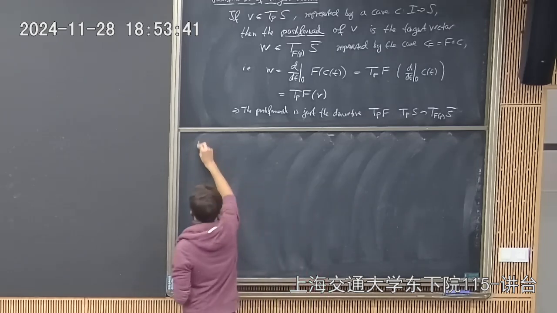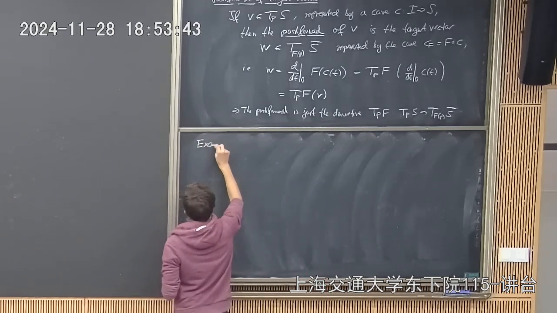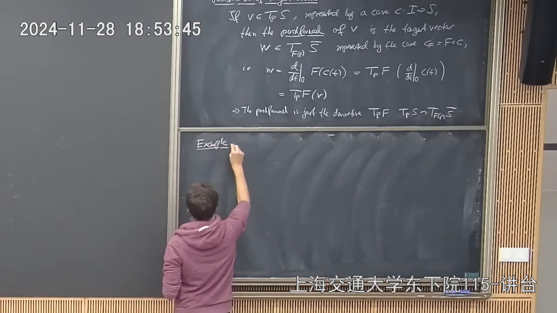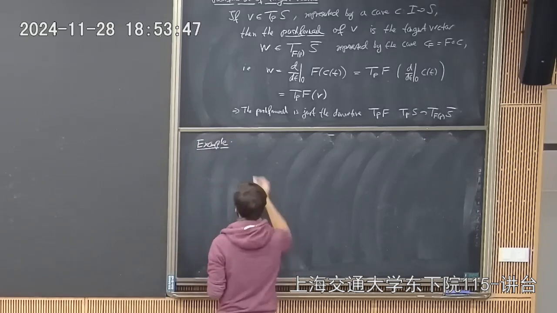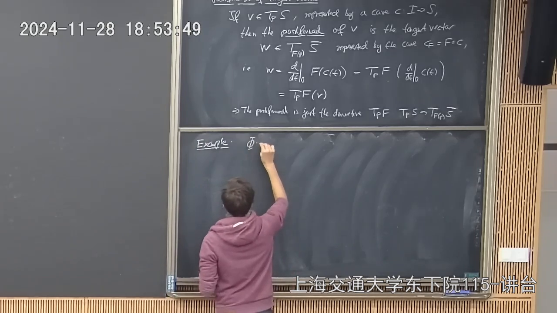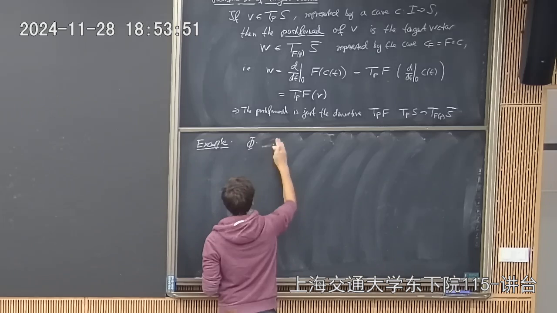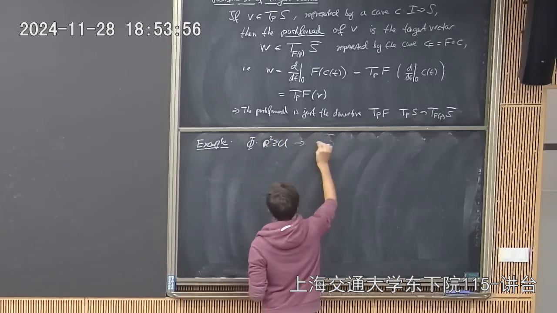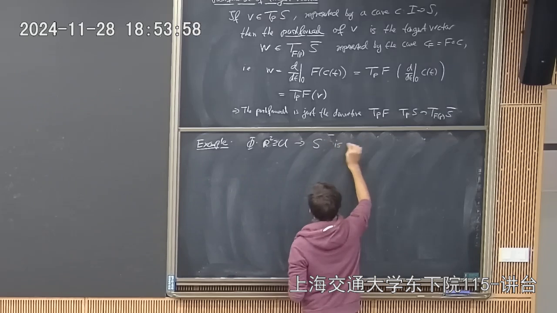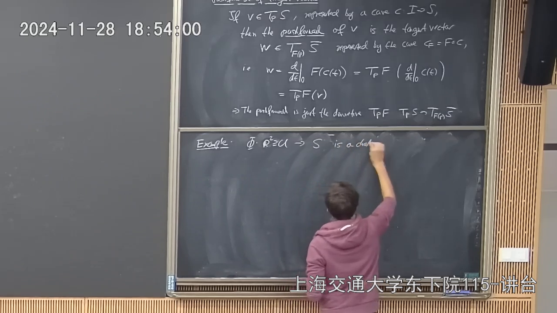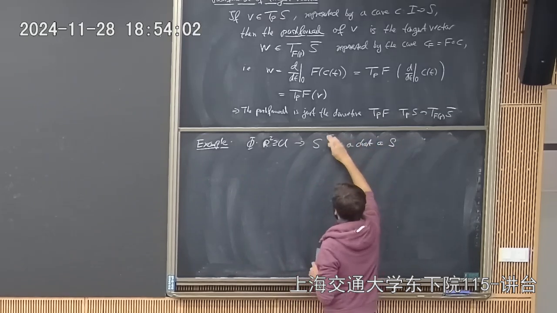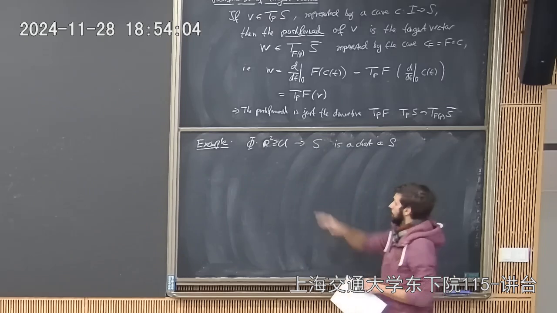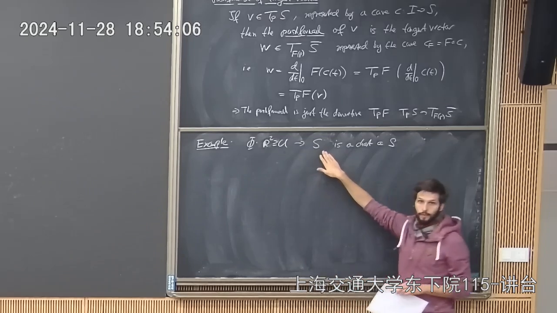Namely, in the chart representation. So if psi is a chart on S, now we can consider U and S as just surfaces.